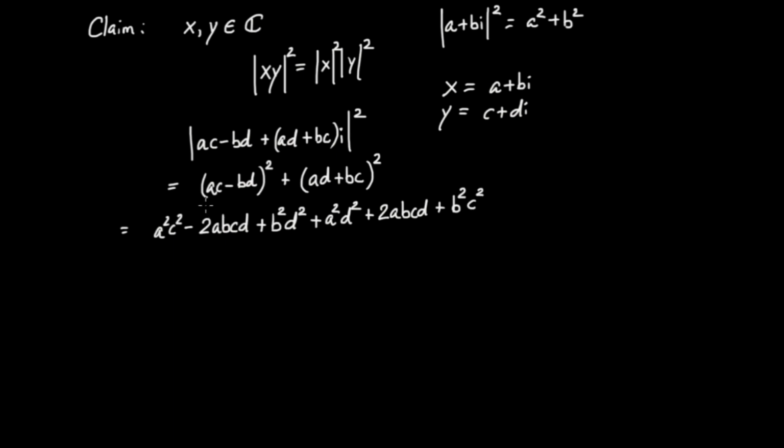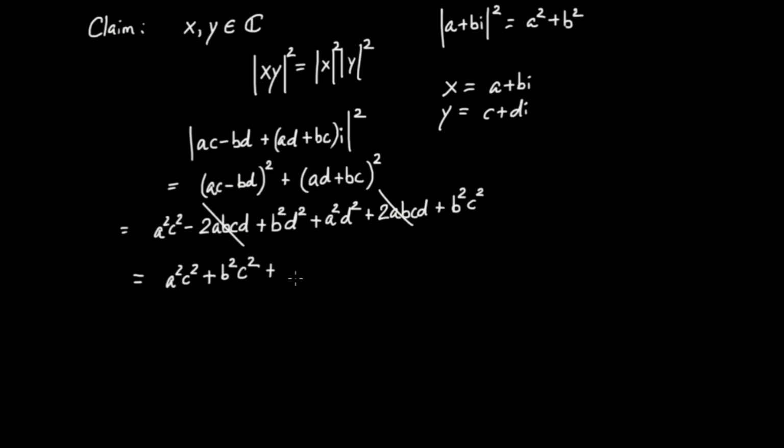And now we have a look. We see that we get this nice cancellation here. And I have 4 terms remaining, and I'm going to write them in a slightly different order. I'm going to first write a squared times c squared. Then secondly, I'm going to write this term here, plus b squared c squared.